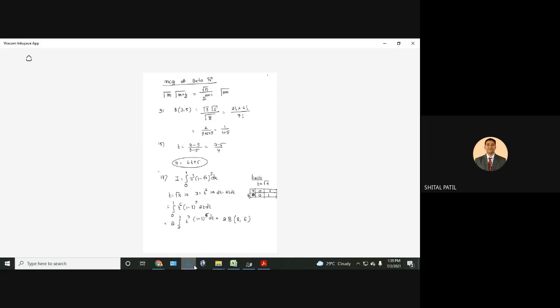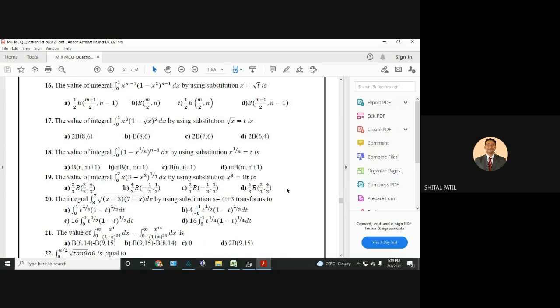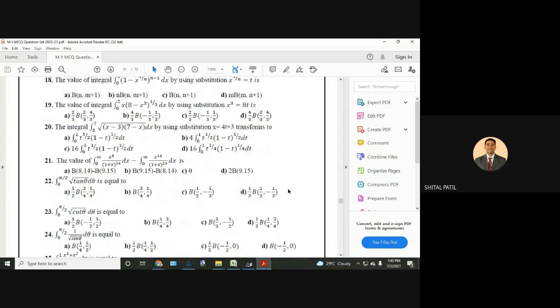Add 1 to the power of t and 1 minus t. 7 plus 1, 5 plus 1. Okay, next question number 20. Solve question number 20.